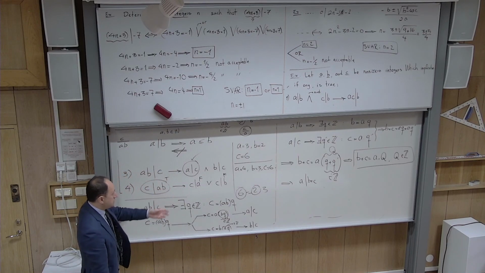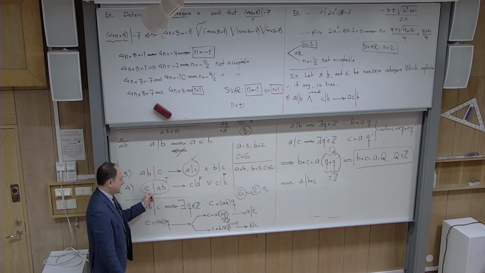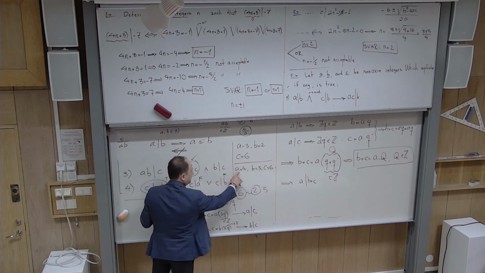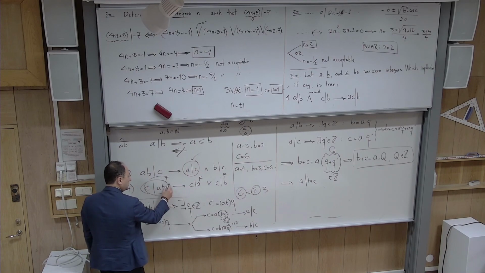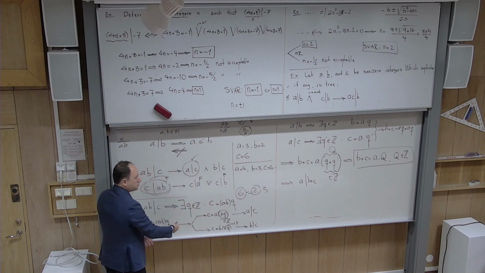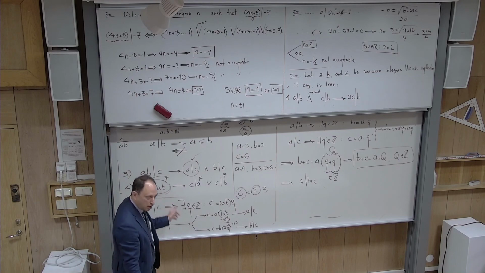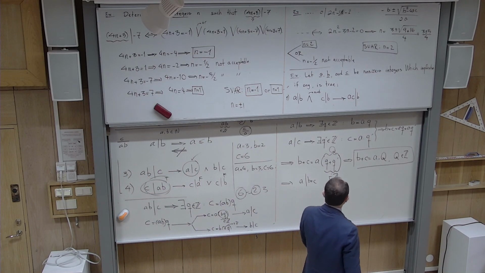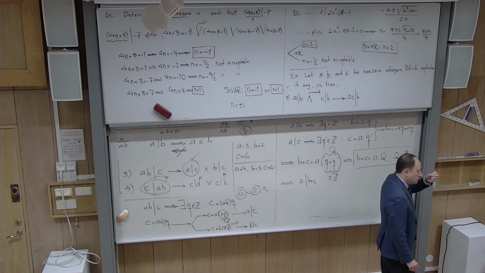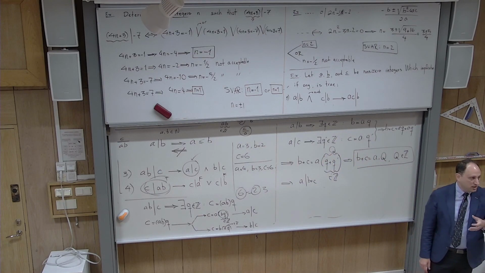That's a good answer to this problem. So you should say it is false since if I choose A to be 4, B to be 3, C to be 6, this is true, but none of them is true. So I cannot rely on this. Sometimes it is not that easy, so you have to think a little bit to see if it is true or false.